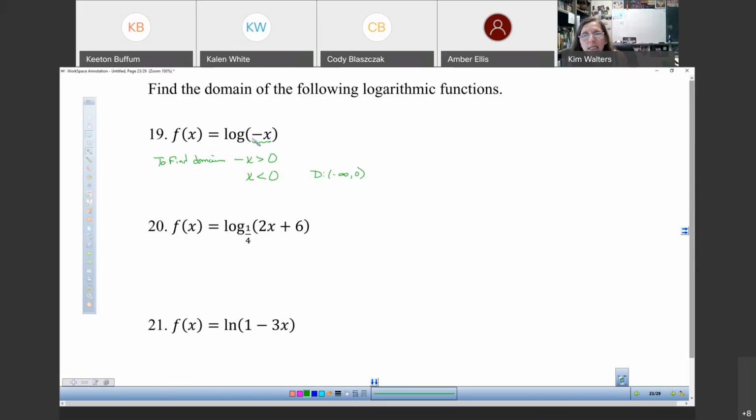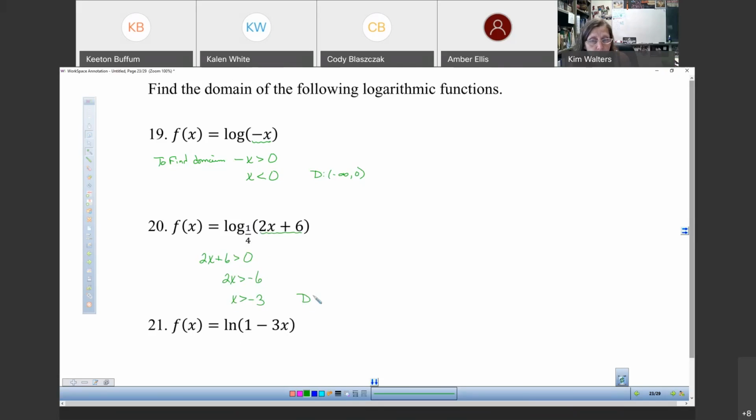Notice I don't care what the base is, so I'm going to do the same thing for this one. I'm going to take this little piece in here, 2x plus 6, and set it greater than 0. Subtracting 6 from both sides, I get 2x is greater than negative 6. Dividing both sides by positive 2, I get x is greater than negative 3.